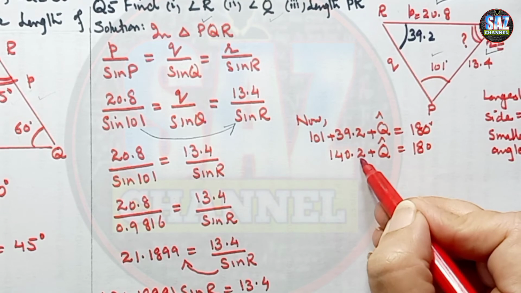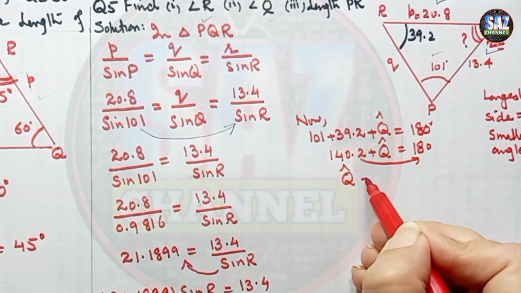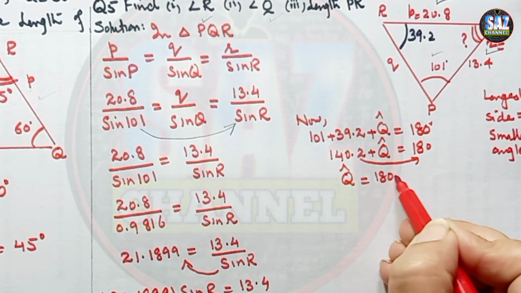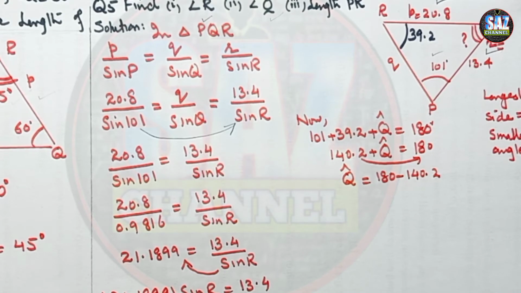Shift 140.2 to the other side, and angle Q equals 180 minus 140.2, and this is 39.8.